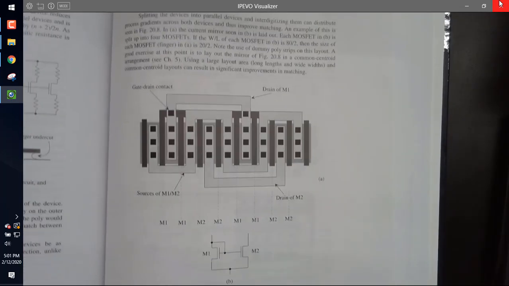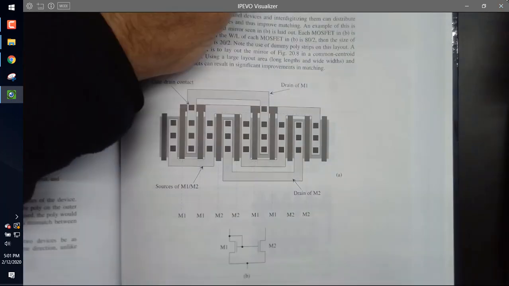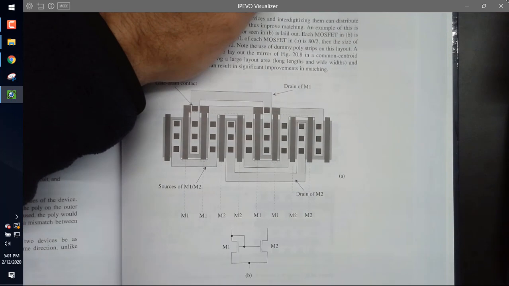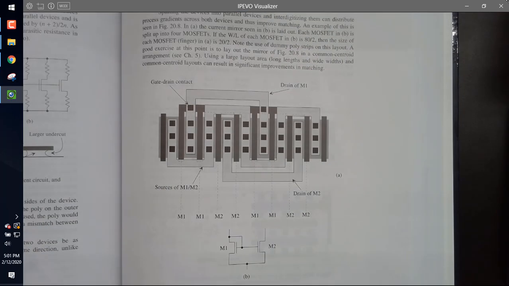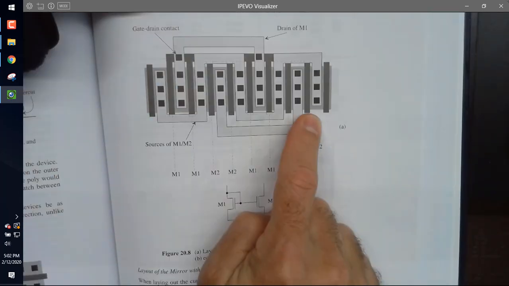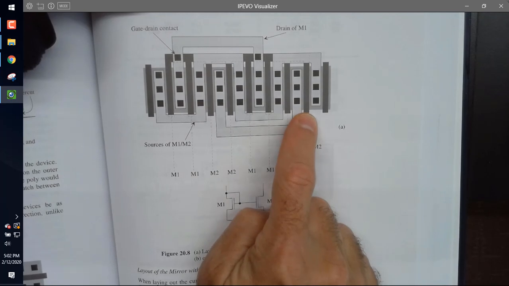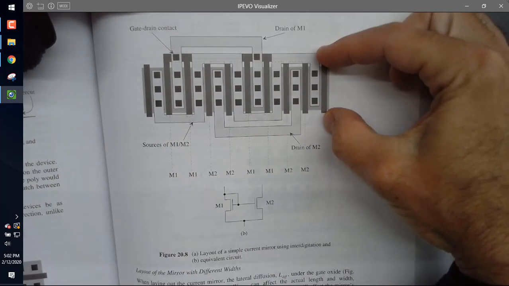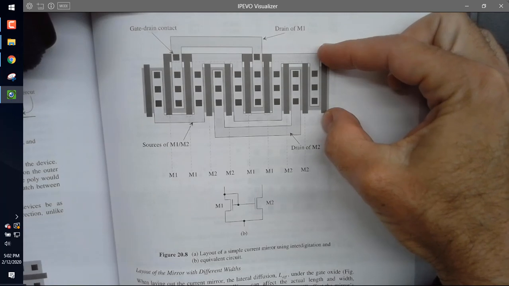So first thing, I talked about the lengths being the same, and I would like to spend time going over what this layout means, and if you haven't taken 421, you're probably just seeing a bunch of boxes there, I get it. The takeaway, though, is you can still get the takeaway and then find out how to do the layout when you take 421. You want the lengths to be the same, and this is the length in this direction, and you want the widths to be the same when you're trying to do precision design, okay?